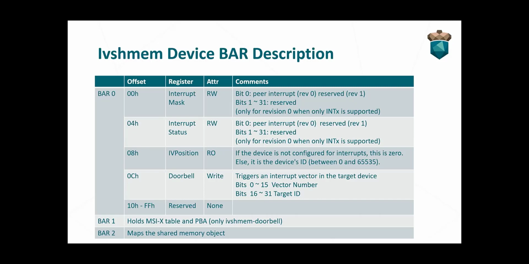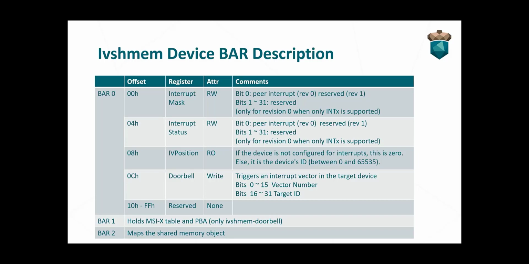And in ACRN, the IVSHMEM follows version 1, which means the first 2 registers are not supported and are not used in the ACRN IVSHMEM emulation. The third and the fourth registers are implemented in ACRN.